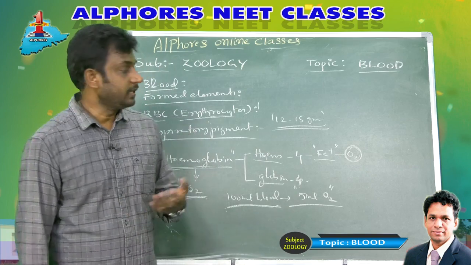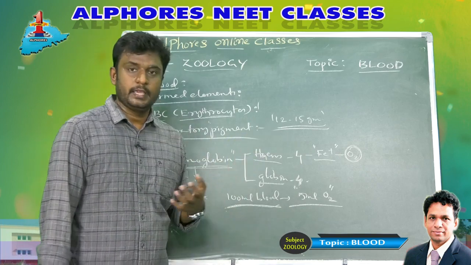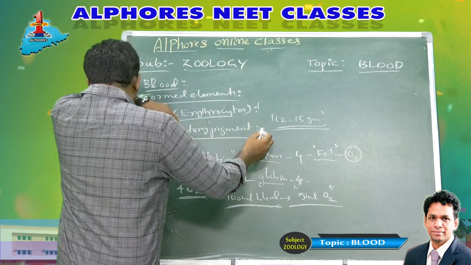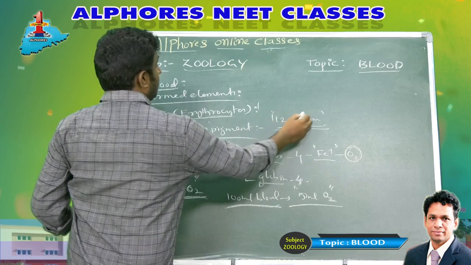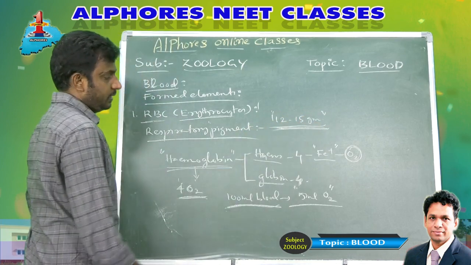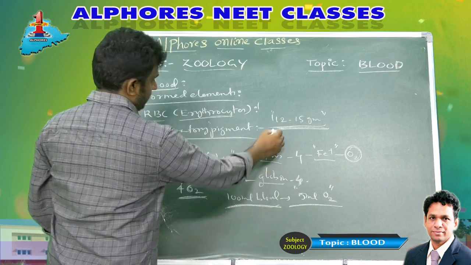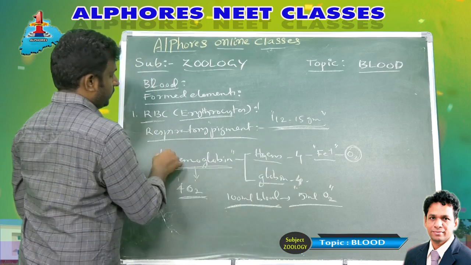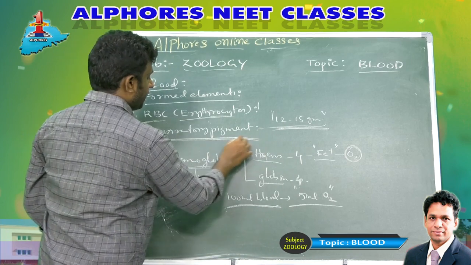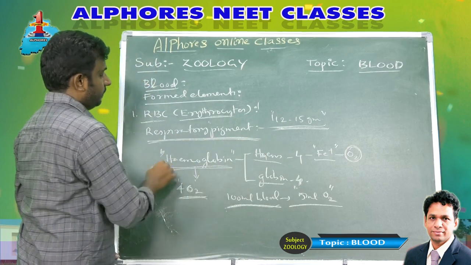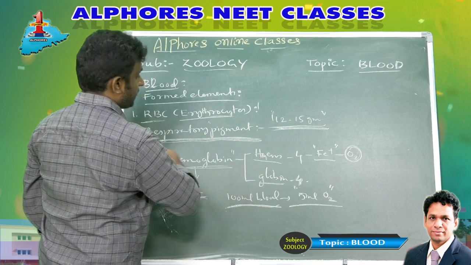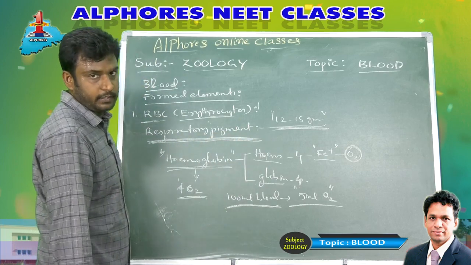Erythrocytopenia is a decrease in the number of RBCs or in the amount of hemoglobin. So how much hemoglobin is present? 12 to 15 grams in the RBC. Hemoglobin is a respiratory pigment which supplies oxygen and carbon dioxide to various parts of the body.